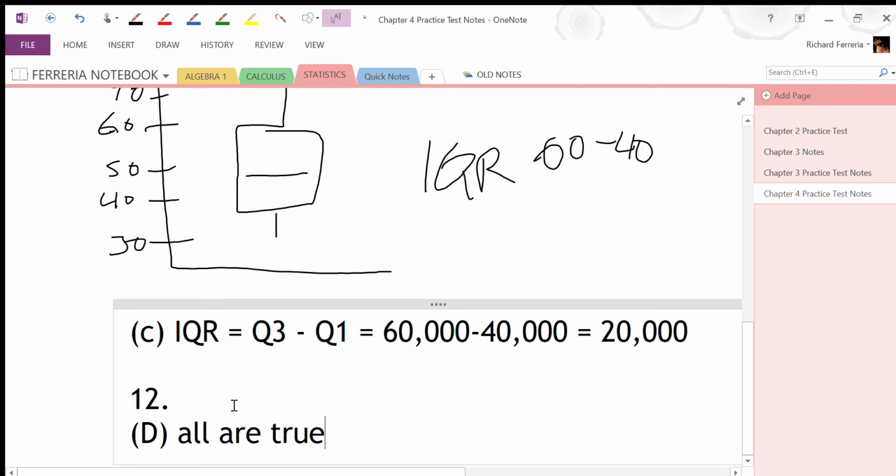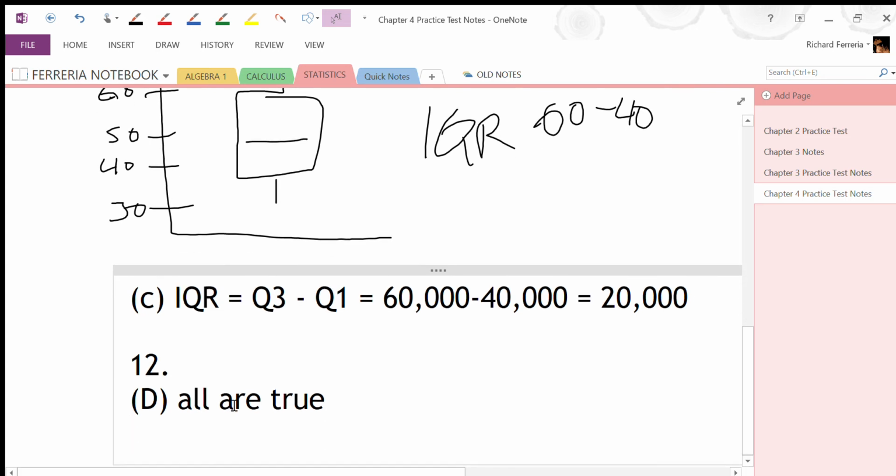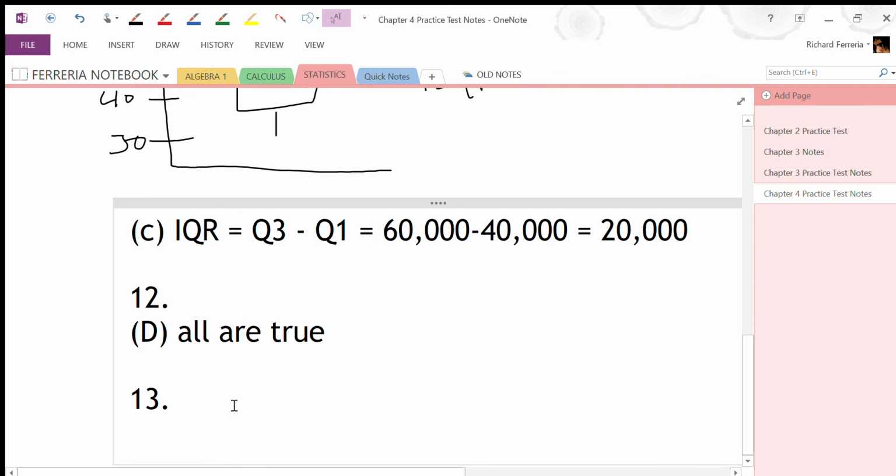Actually, we might as well do 13 too, right? 13 would have been nice if we just did that first. Anyways, the minimum is about 30. Q1 looked like it was about 39 to me. The median looks right at 50, maybe 49.